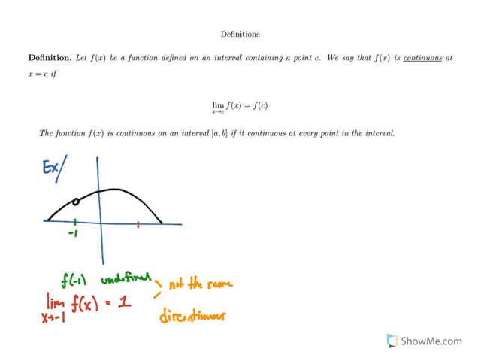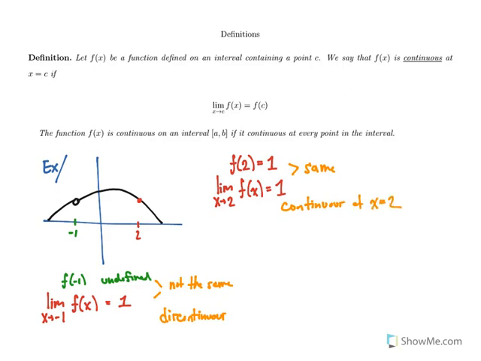But when we looked at 2, we found that f of 2 was equal to 1, and we know that the limit as x approaches 2 of the function was also equal to 1. These are the same, so we say that the function is continuous at x equals 2. Note that this is the definition of continuous at a point.